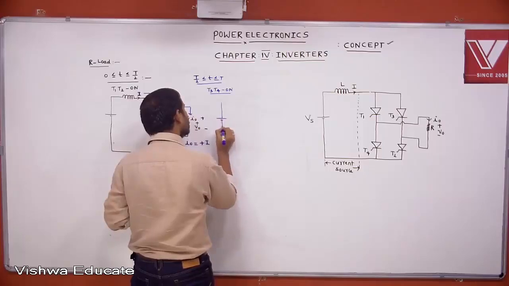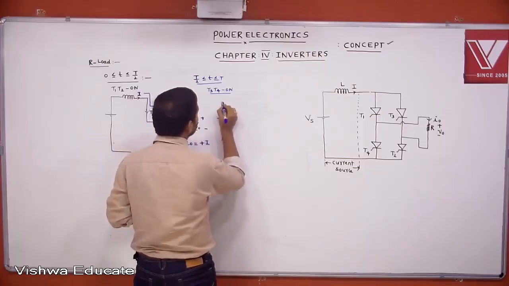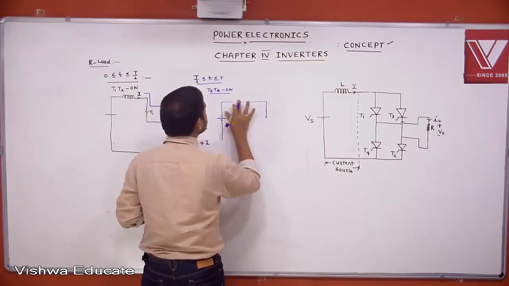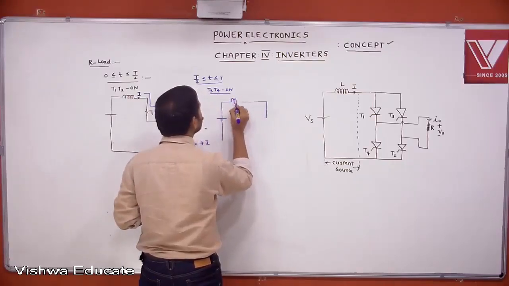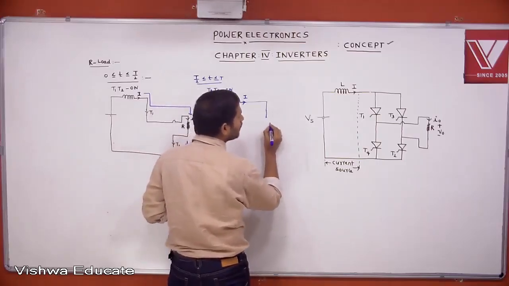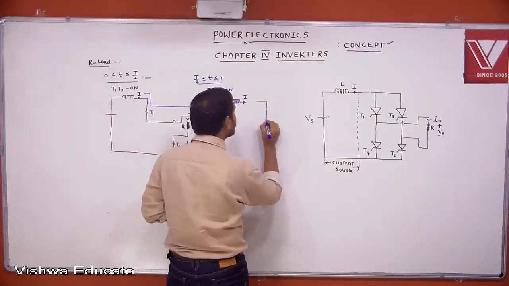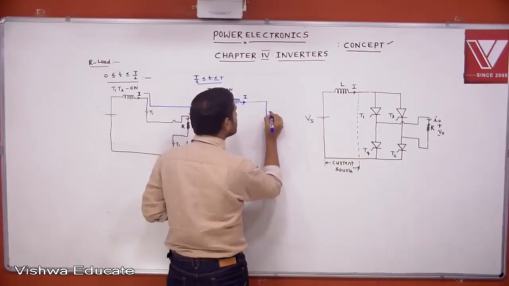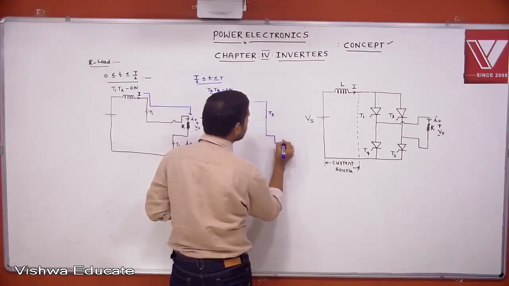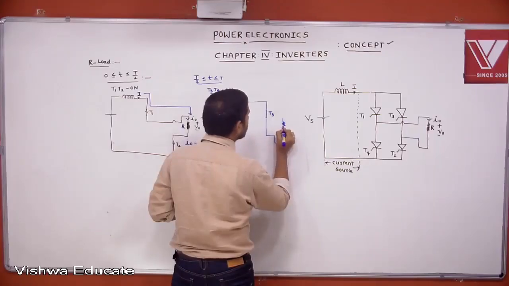This is a large inductor, this is I, this is T3, and the load is connected like this.